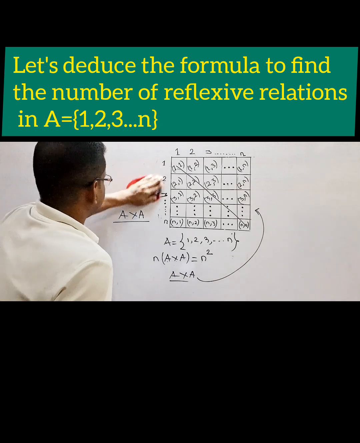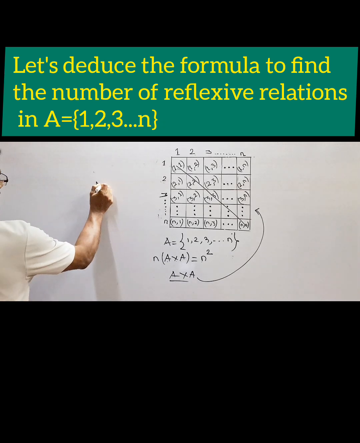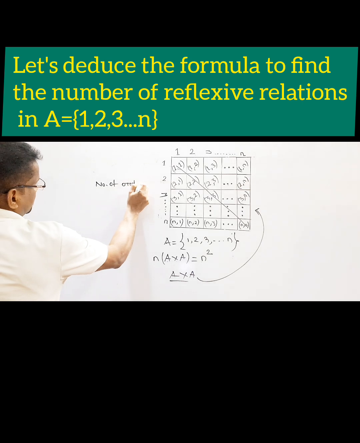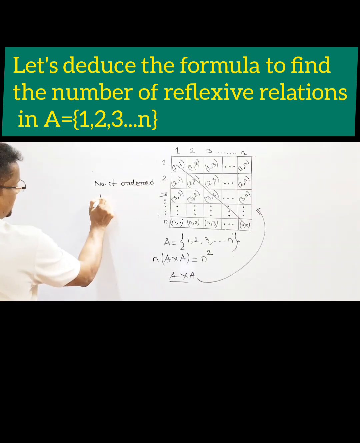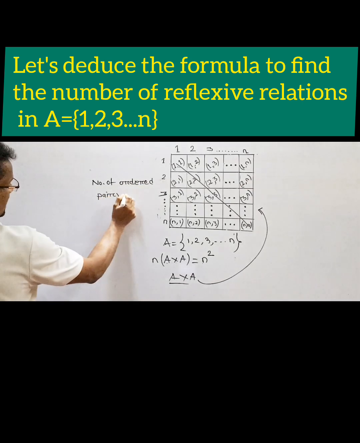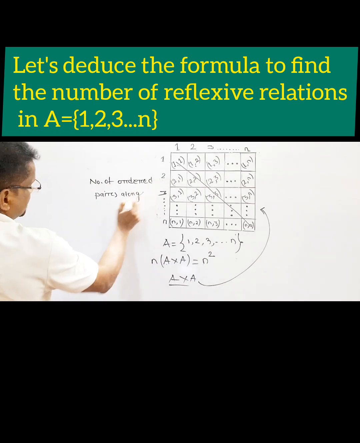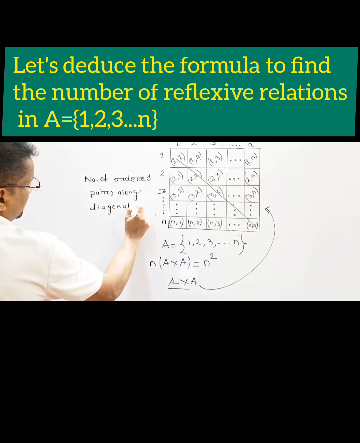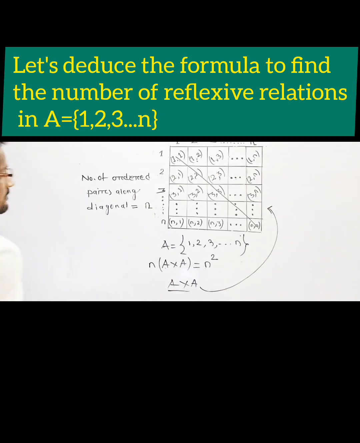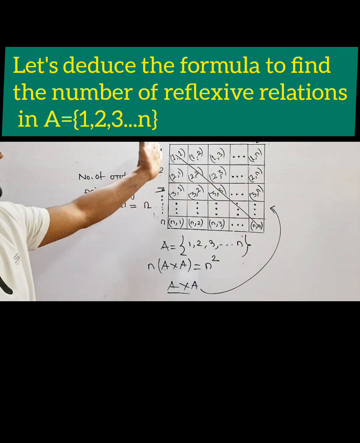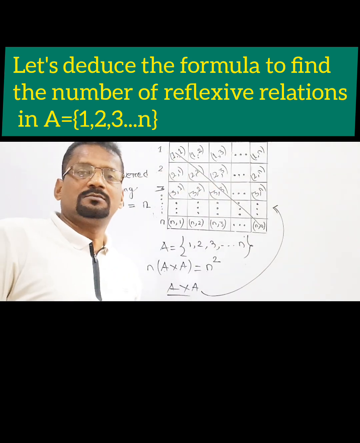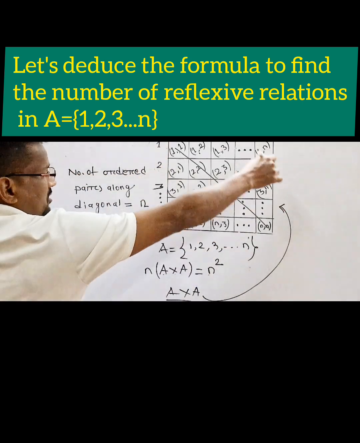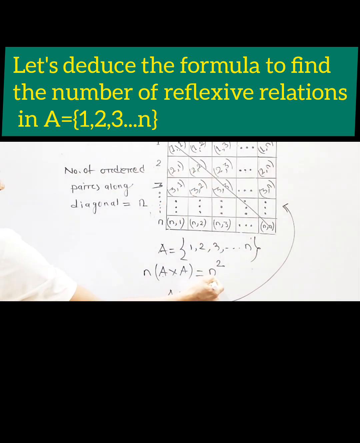That means the number of ordered pairs along the diagonal is equal to n. Total number of ordered pairs here is n square.